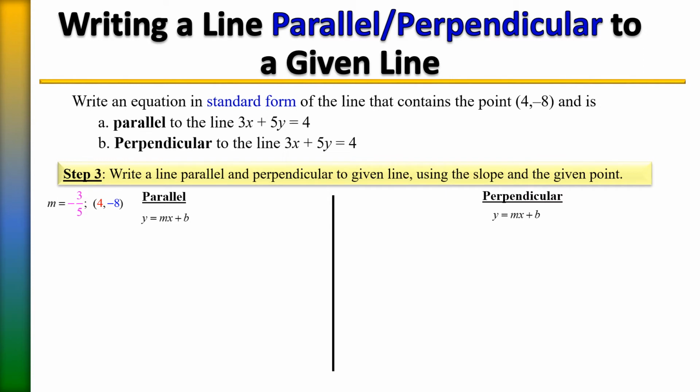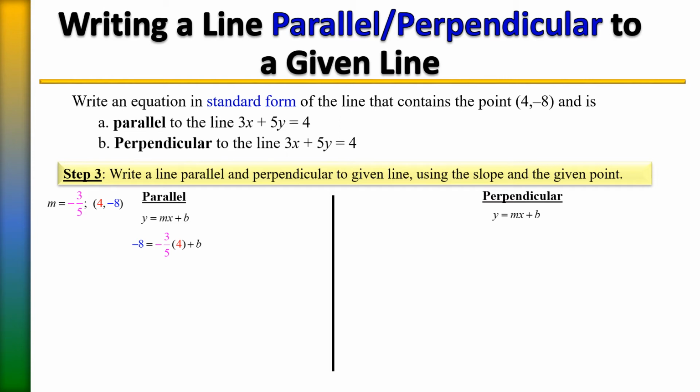Remember, with the slope-intercept form, you don't know what b is. That is what you're going to find out. So when you plug in the given values, it's going to look like so. Now we're going to multiply -3/5 times 4. Anytime you have a whole number, you can rewrite it as a fraction if you like, and that would be 4/1.